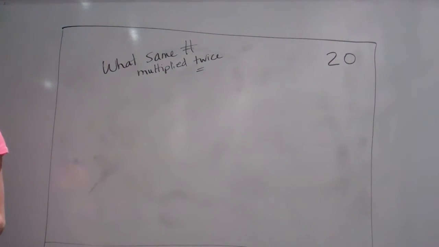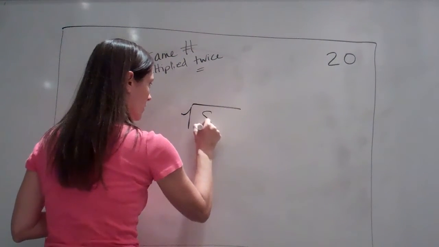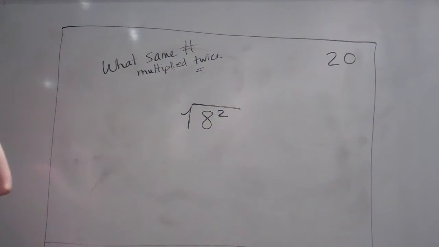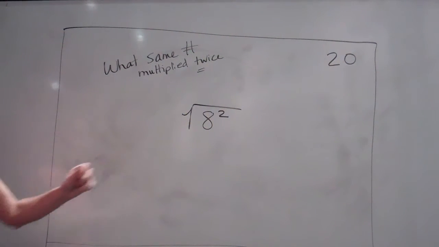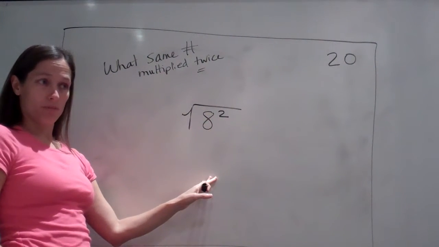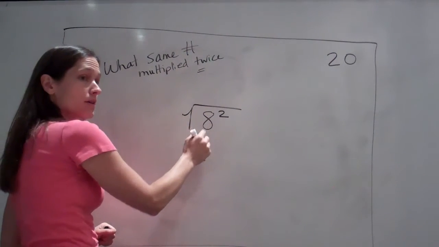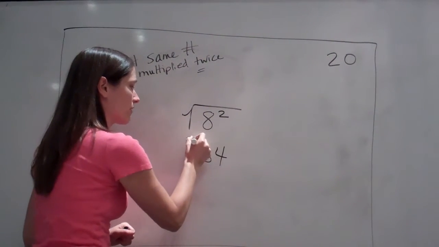All right, this one is a little bit harder. Don't freak out. You answer the exponent first, then you answer the problem. So what is 8 times 8? 64, but we still have the square root.